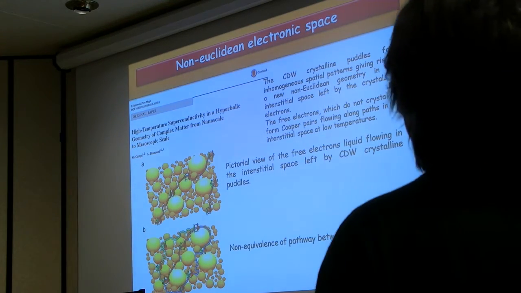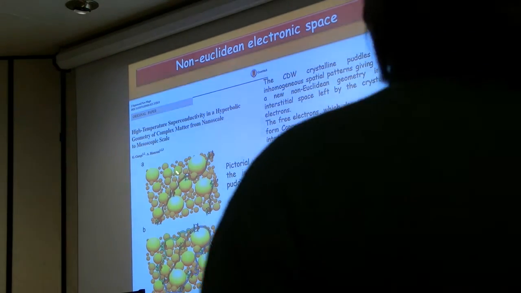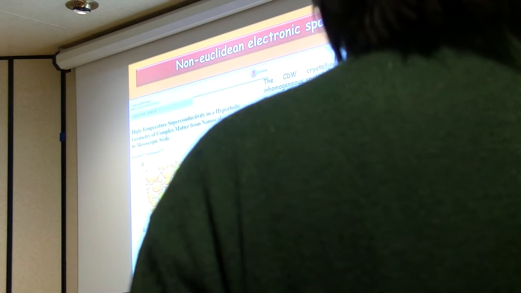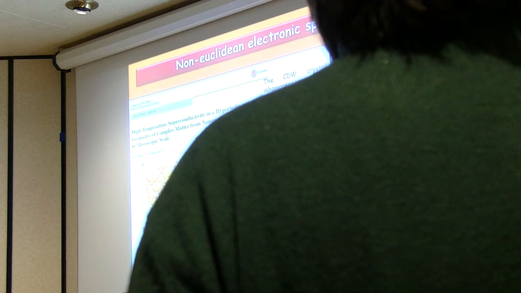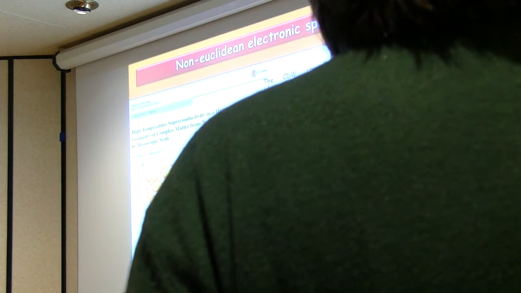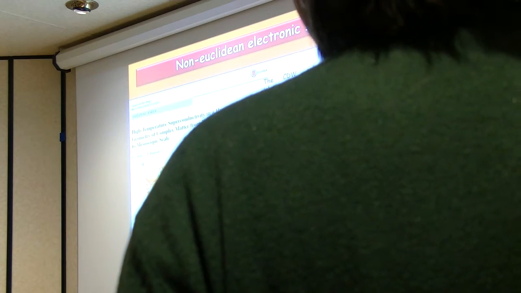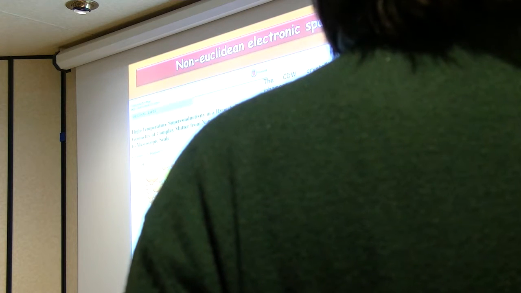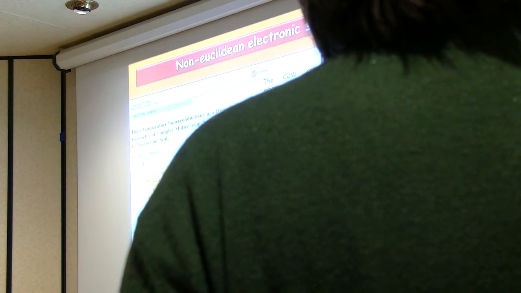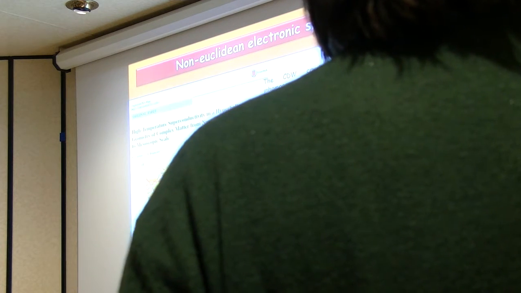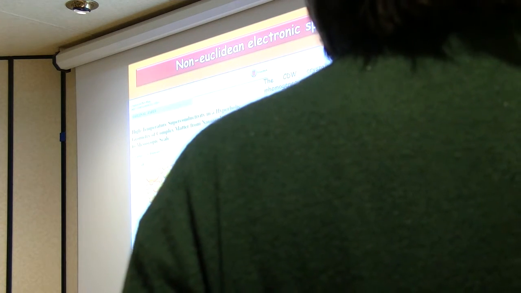And this gives rise to a complex geometry where these balls are the charge density waves, and the white space is the oxygen places, and so here are shown two possible pathways for the electrons for going from a point to another.